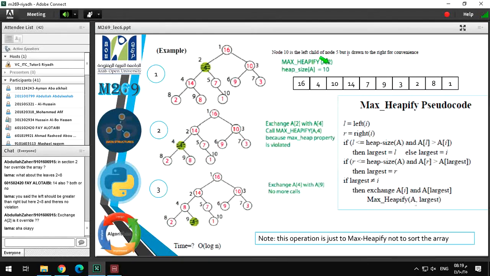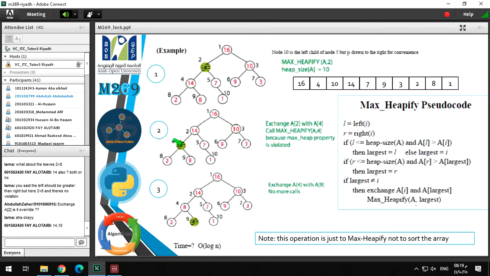In this case, we have to exchange A2 with A4 on the left side. And then we have what? Now we have the exchange between 4 and 14. Now 14 will go up and 4 will go down. See, 14 is up and 4 is down.